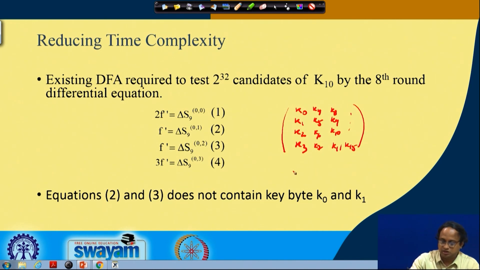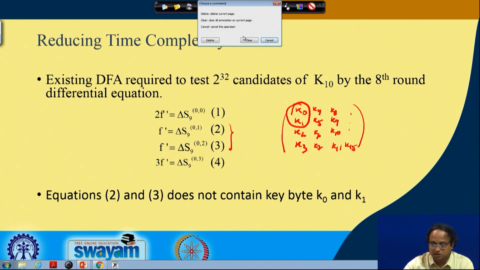So this is essentially going across the columns. Here we have seen that equations 2 and 3 do not depend upon these 2 key bytes. Remember, this was my k00 and k10 in the previous nomenclature, that is, it does not depend upon K0 and K1. Okay. So therefore, you can do this attack nicely in a divide and conquer manner. What you can do is elaborated here.